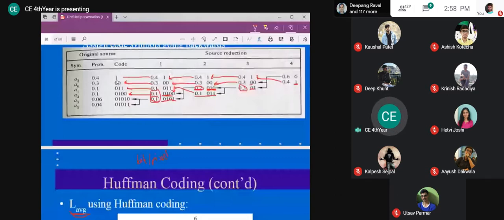So for that, how will we know? Whenever A2 occurs, I am going to represent it using length 1. So the number of times A2 will take place, that many times I will use length 1 to represent the code. How many times will A2 take place?